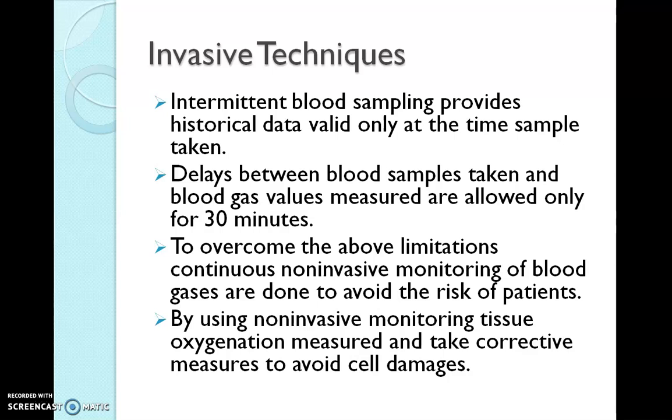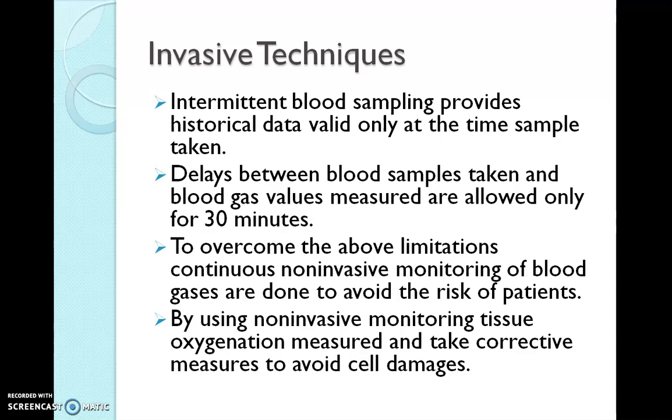These limitations are particularly serious in critically ill patients, for whom close monitoring of arterial blood gases is essential. Continuous monitoring of blood gases, on the other hand, makes it possible to recognize changes in tissue oxygenation immediately and to take corrective action before irreversible cell damage occurs.